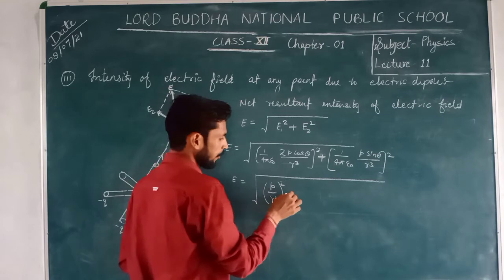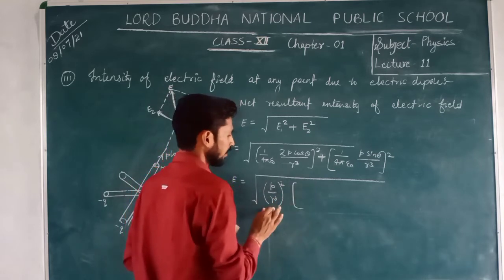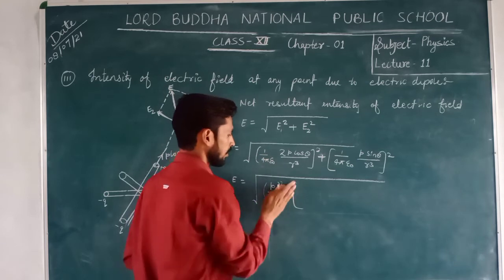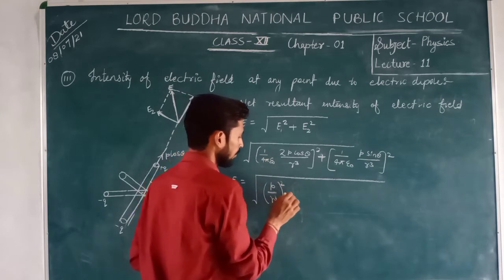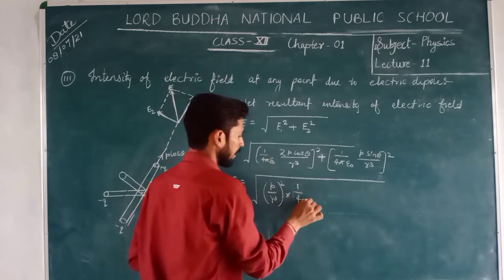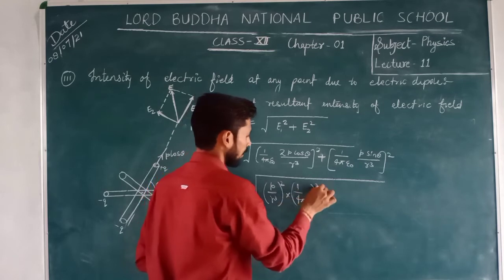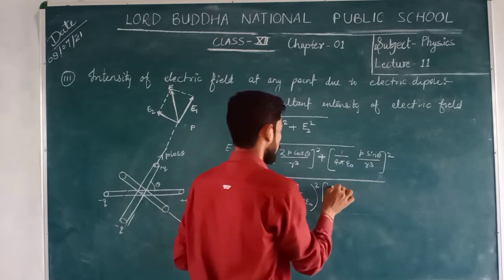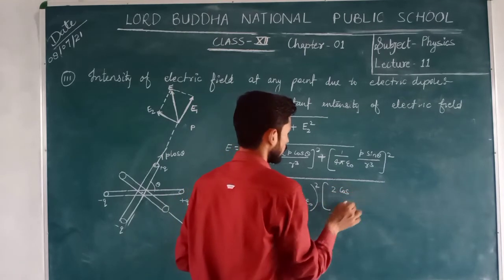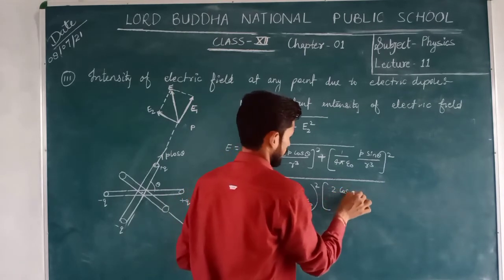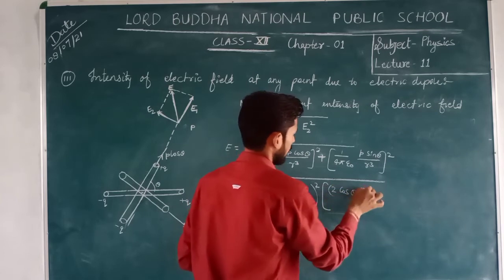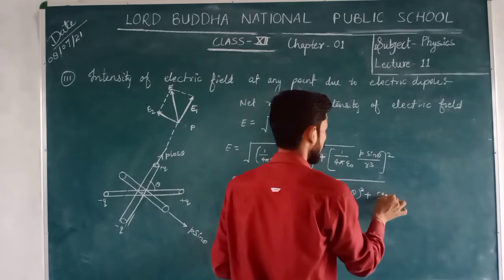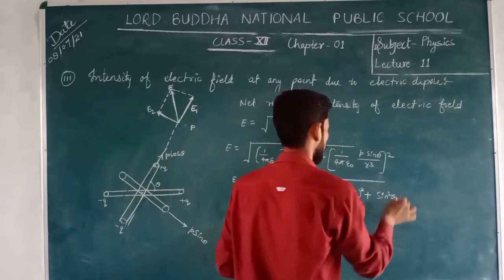to the power 2, we can take common, and 1 upon 4 pi epsilon naught we can also take common. So in the bracket here will be 2 cos theta whole square plus sin square theta.